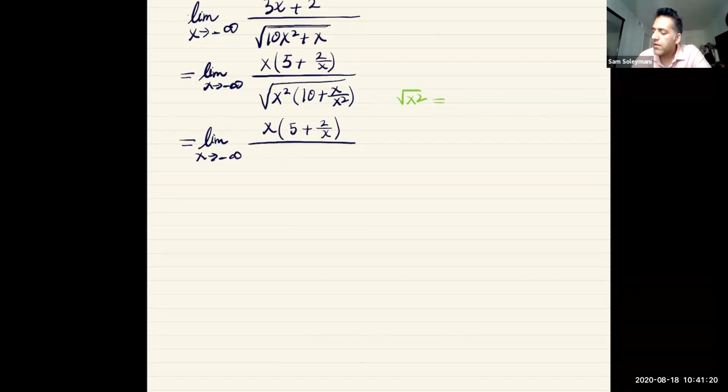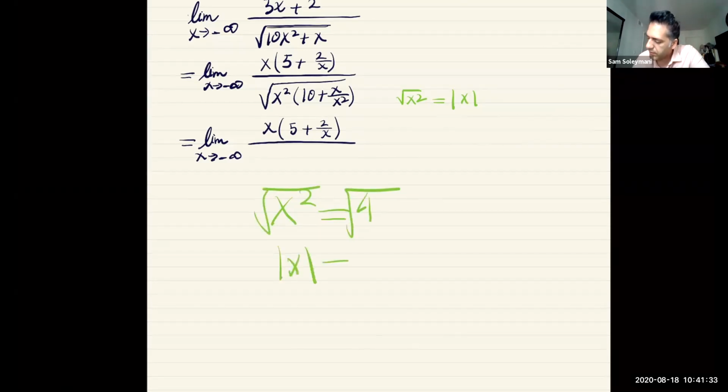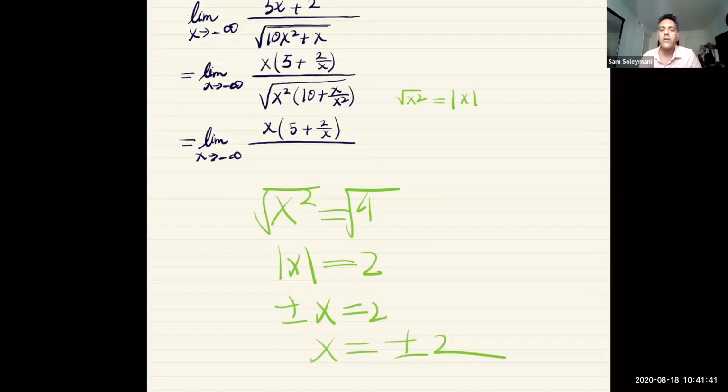I mean, you all know this from kindergarten. Remember, if you have a quadratic equation, x squared equal to 4, square root it. Square root of x squared is absolute value of x is equal to 2. Absolute value of x means plus or minus x equal to 2. So you get two solutions, x equal to plus or minus 2.